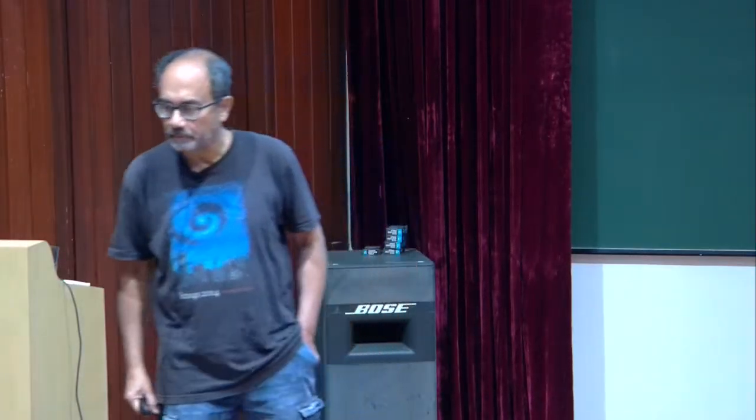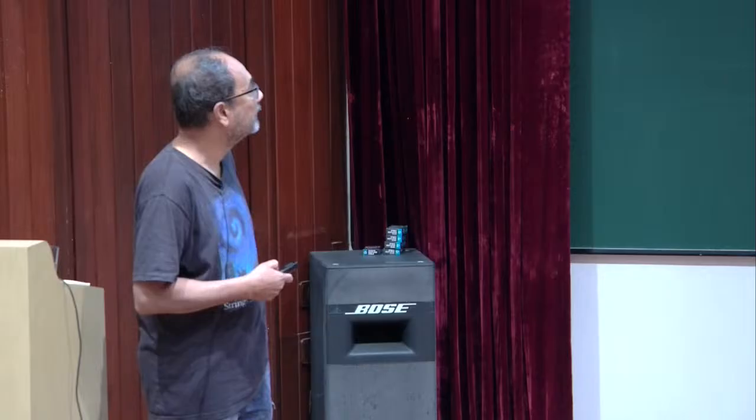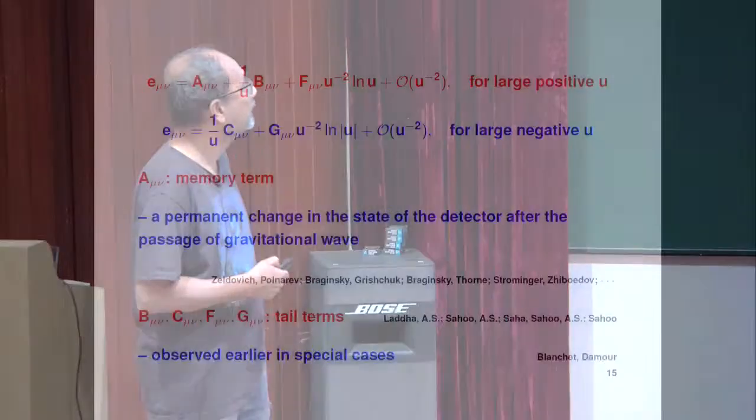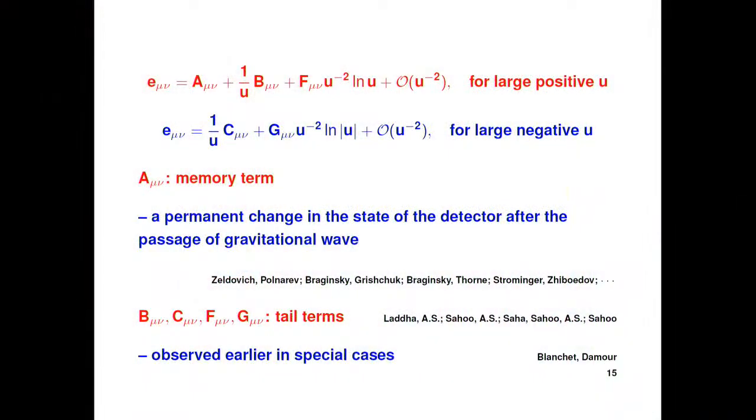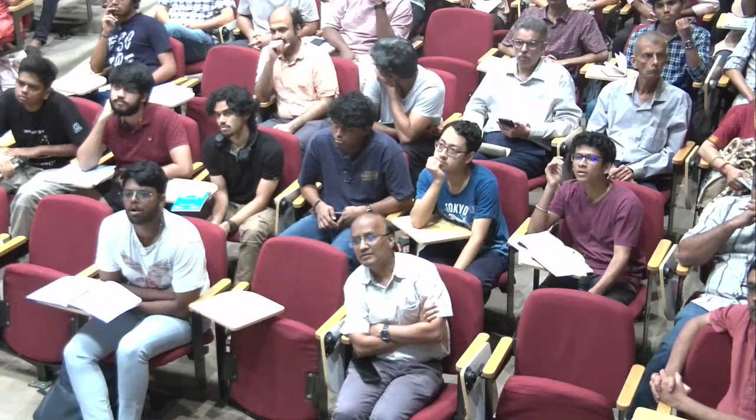Sir, in the expression for E mu nu that you had shown in the results, the memory term is only in the case of large positive u. Is that because the gravitational wave has not reached the detector for the negative? Yeah, so this is a matter of convention, right? Because a constant E mu nu can be removed by a coordinate change.